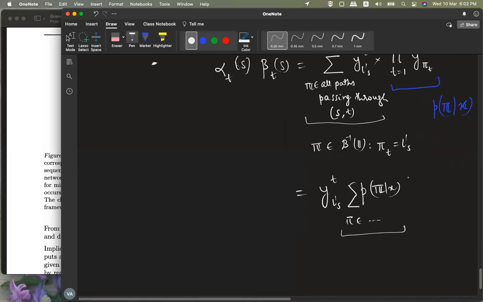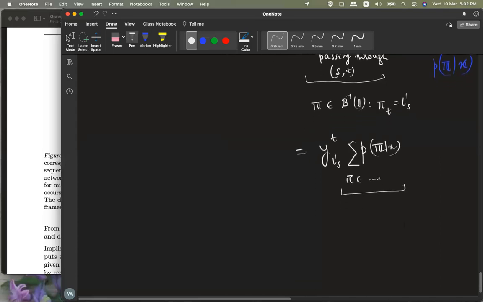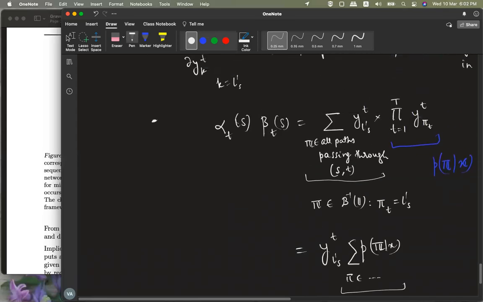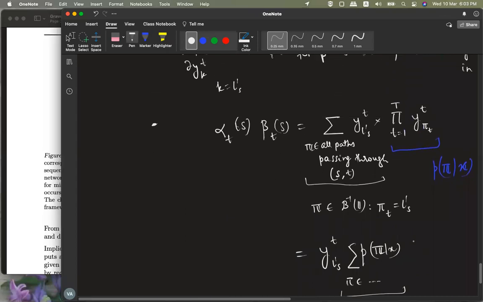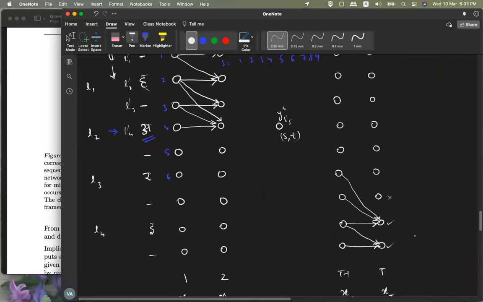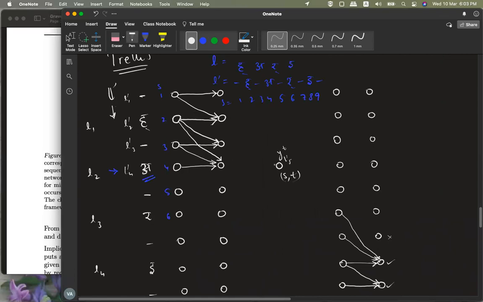Basically only this term will be non-zero when you differentiate your loss function with respect to ykt or yl dash st, right? So you can say now this is the probability of all paths which pass through this node s comma t, right?